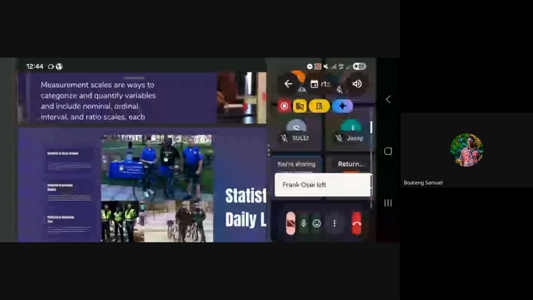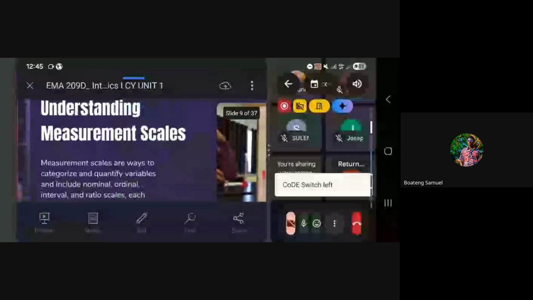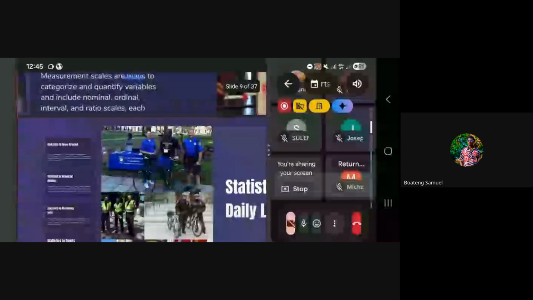Madam. Please, based on what he said, I think nominal scale has to do with categories with no definite order. Example, color or gender.